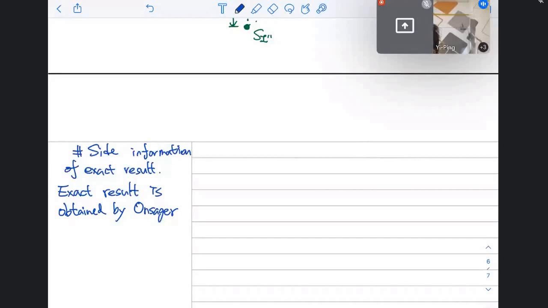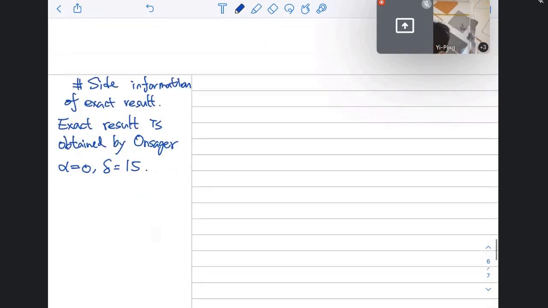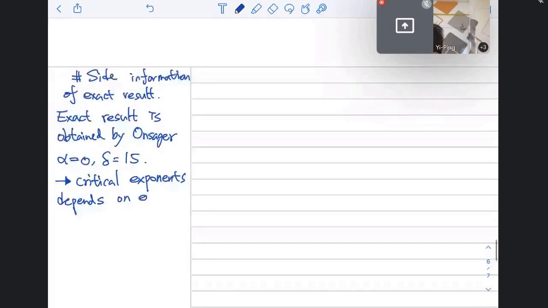The critical exponents given from the Onsager solution are alpha is 0 and delta is 15. Combined with the previous understanding that critical exponents depend on each other, you can use these 2 free variables to construct all the critical exponents if you want.